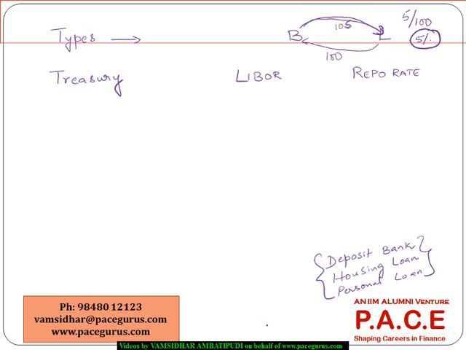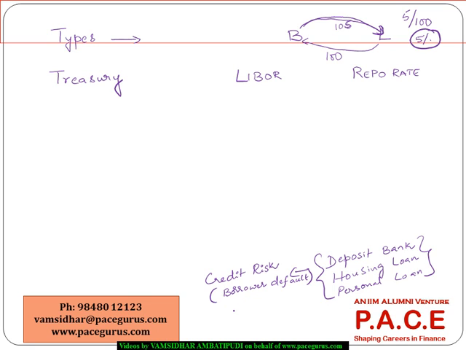But the interest rates are different in each of these cases because of the difference in the credit risk involved. When I say credit risk, we are talking about the possibility that the borrower may default, may not pay the interest and principal on time.